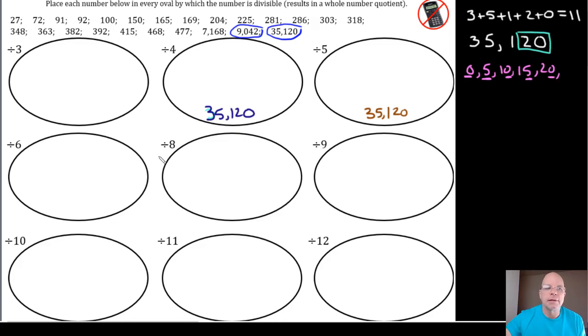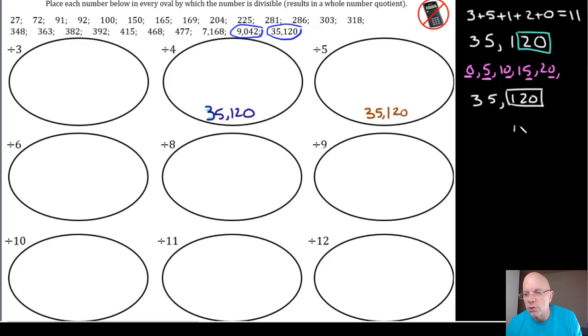Divisibility by 8 is very similar to the rule for divisibility by 4. We're going to write the number 35,120. Then we're going to consider the number formed by the ones, tens, and hundreds places, because every 1,000 is divisible by 8 because it's 125 eights.